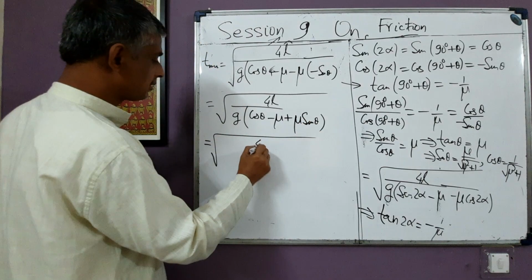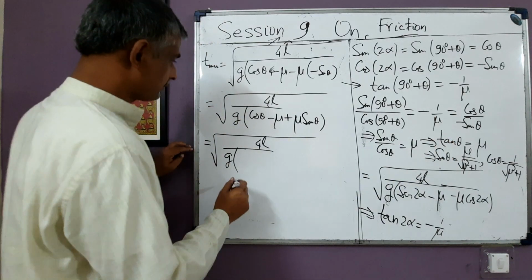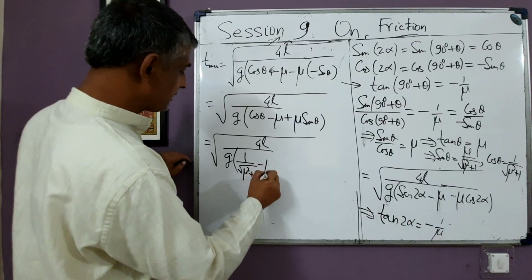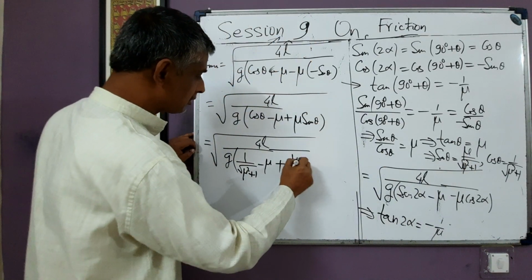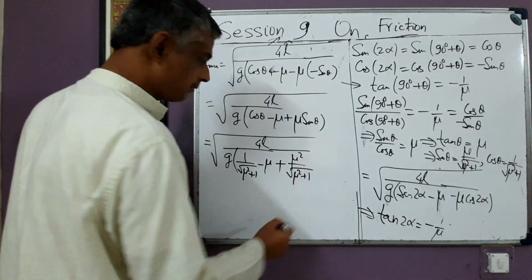Now cos theta is how much? 1 by root of mu square plus 1, minus mu. And sin theta is this much, so mu sin theta becomes how much? Mu square by root of mu square plus 1.